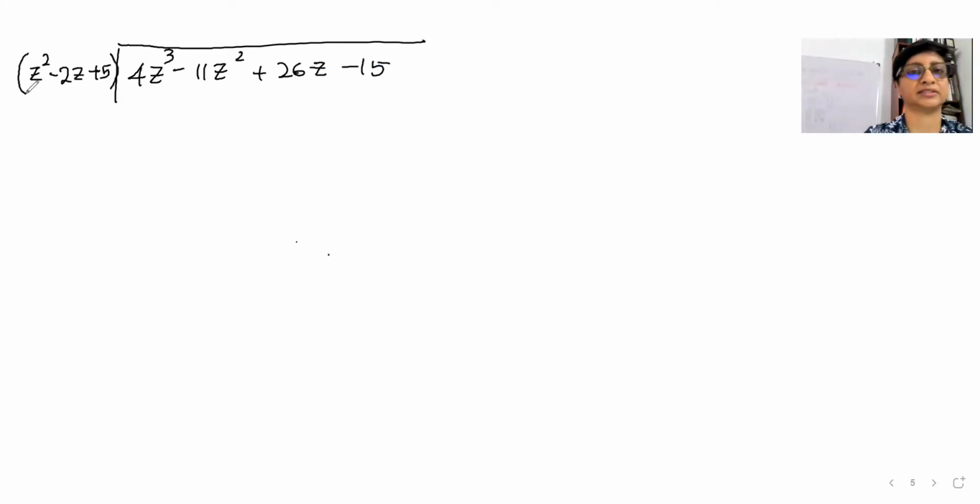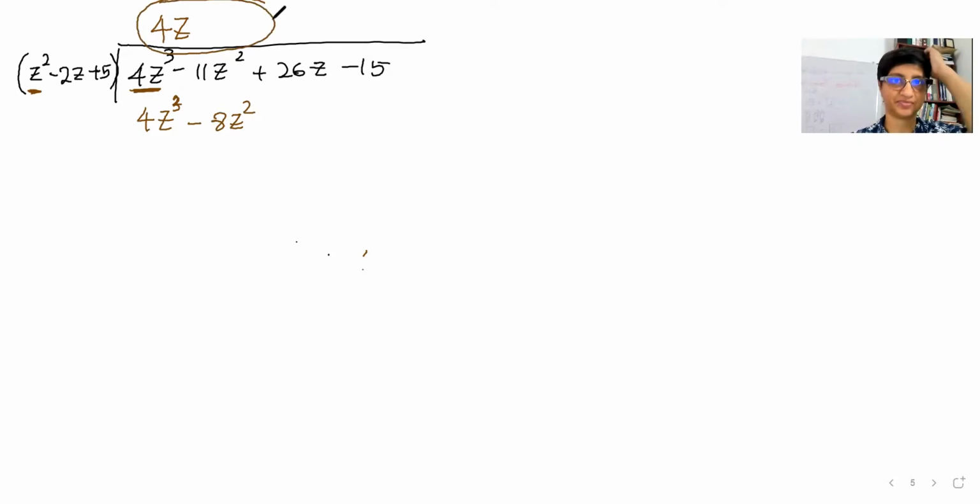Dividing by this. So I only have to look at this and this. I get 4 here. Yes, Nathan, very good. So I will let you do it, okay? So you do this and see what linear factor you get here. What do you get here?